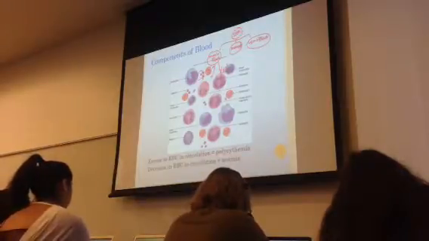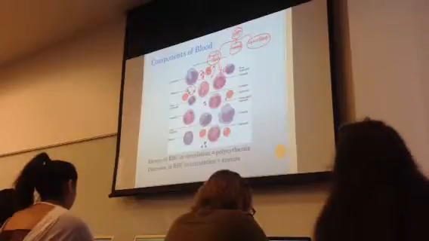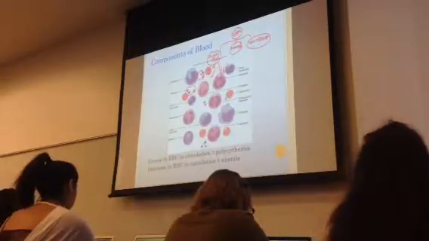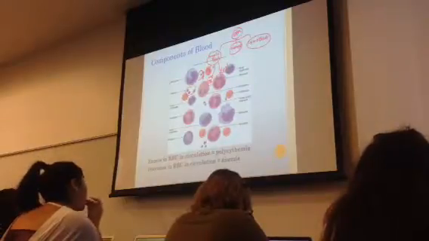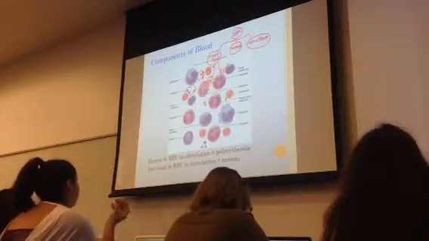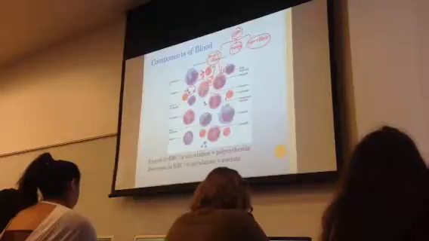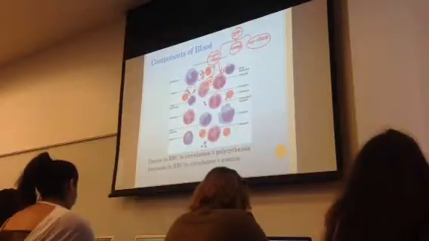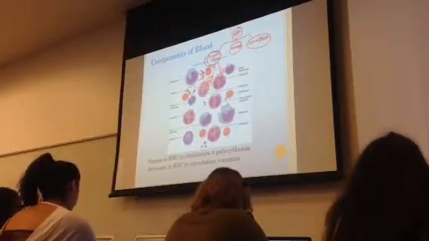Little platelets right here, which are basically red blood cell fragments, more or less. Or it can turn into a red blood cell, okay? The reason I'm bringing that up is because sometimes you will have an issue between the myeloblast state and the final mature red blood cell.